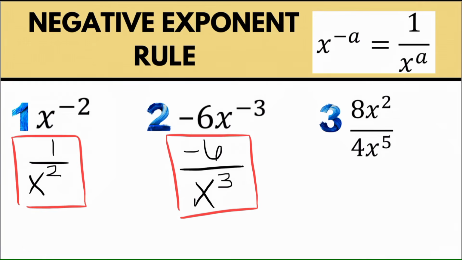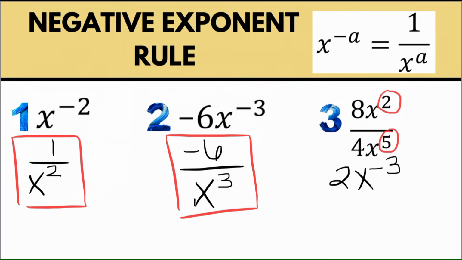Number 3 is actually using the quotient rule and negative exponent. So let's divide. 8 divided by 4 is 2. And then the quotient rule, if you remember, says subtract the exponents. 2 minus 5 is negative 3. So this is equivalent to 2x to the negative 3 power.